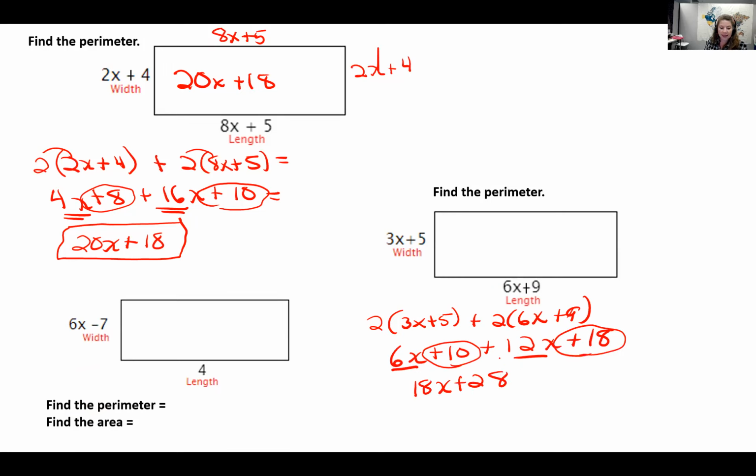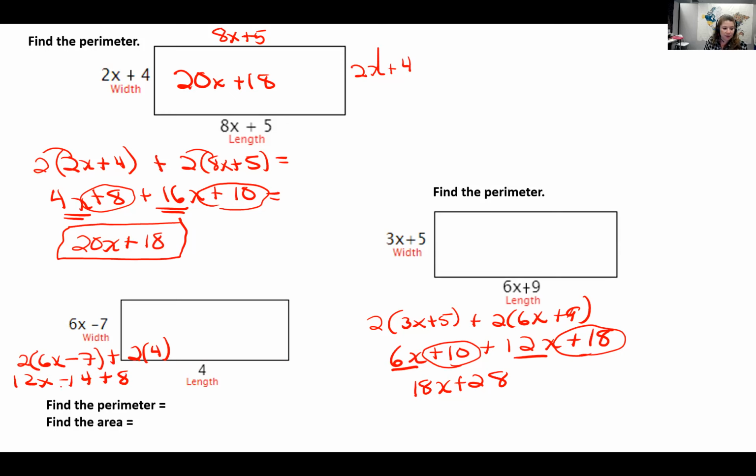All right, what do you guys think? All right, so first let's do our perimeter. So we're going to double our width, 6x minus 7, plus we're going to double our length. So then we get 12x minus 14 plus 8. And then we're going to combine our like terms.